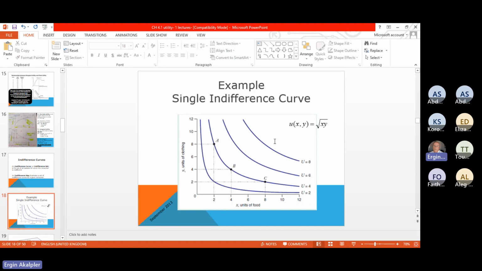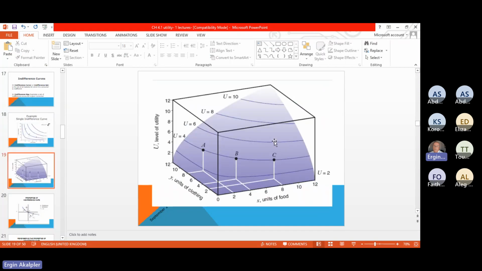And it is increasing the utility regarding these numbers, which is not given here. And three-dimensionally, it is represented here again. As you see, if you represent the utility function, and if you put the y and x in the horizontal dimensions, then you will get this.